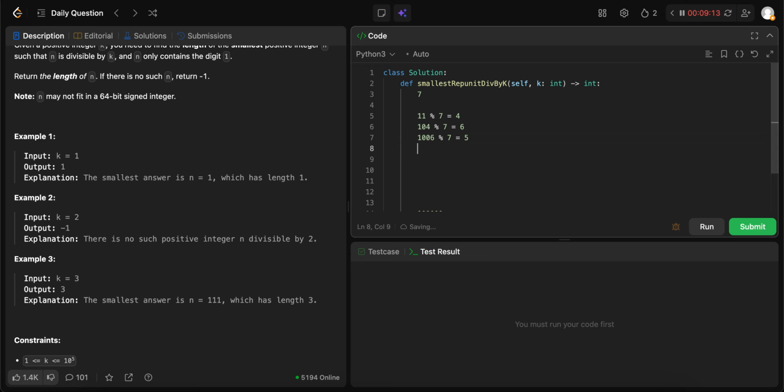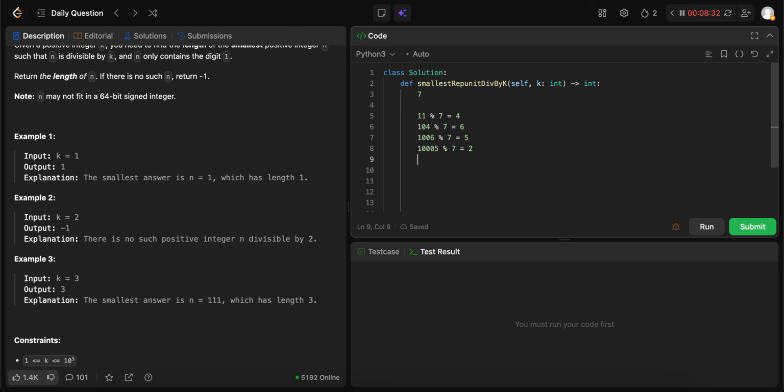And now this is 10,000, so 10,005. I'm still storing this huge number. Let's just see if this even works. 10,005 divided by 7 is 1429, 10,003, so this is remainder 2.